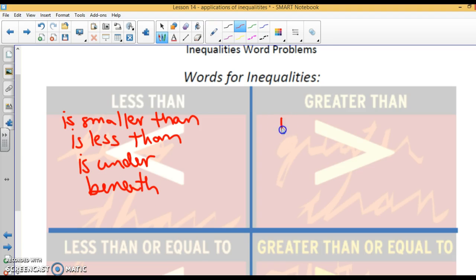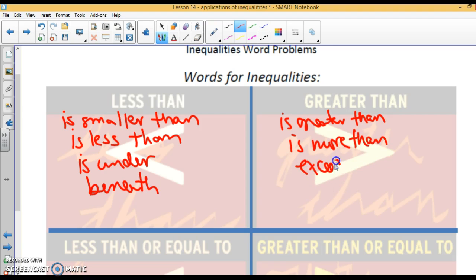Some words for greater than: is greater than, is more than, exceeding, and over.